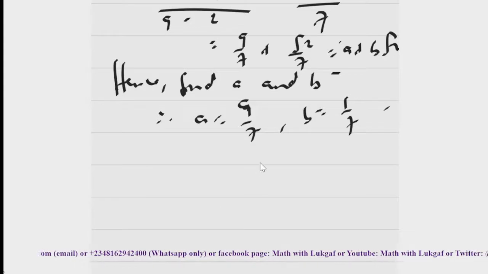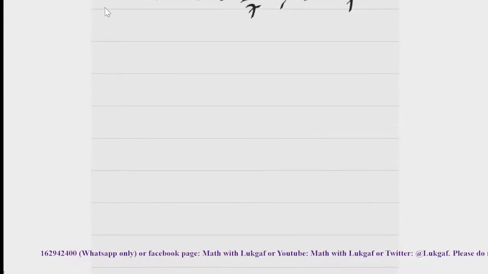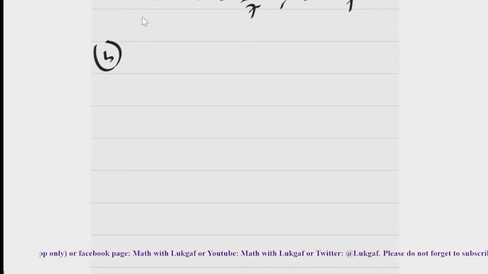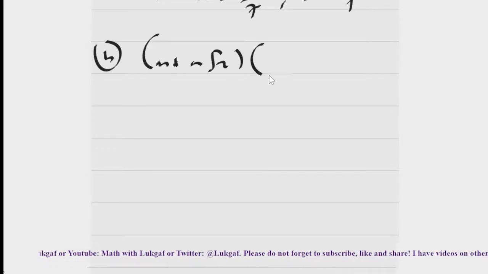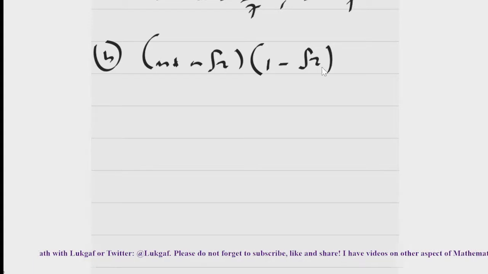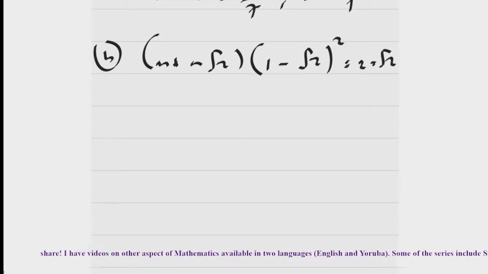Okay. So the second example, the second question, we have m plus n root 2, times 1 minus root 2 everything squared. So we are asked to find the integers m and n such that this is equal to 2 minus root 2. This is not difficult to do. Just simplify the left hand side, then equate it with the right hand side. Let me first of all simplify this.